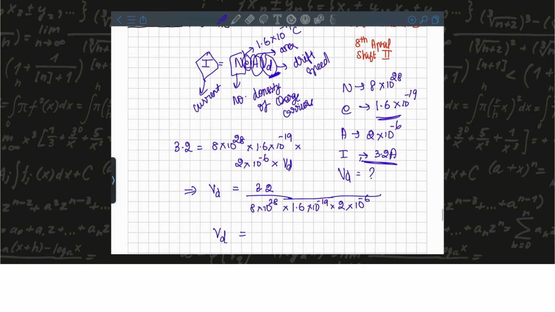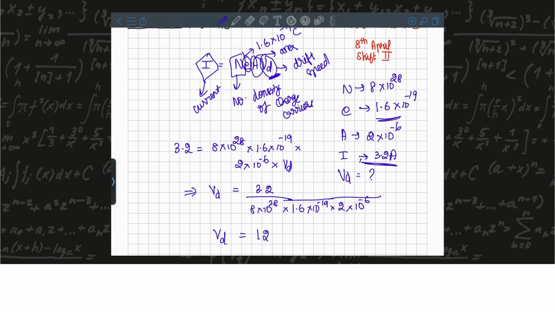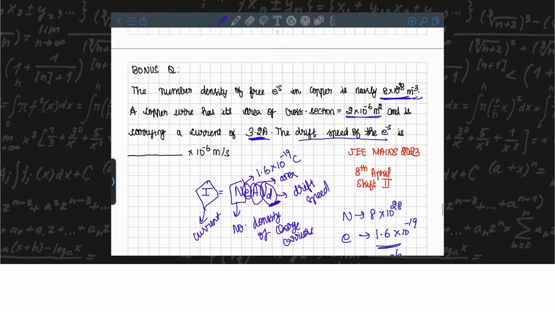Solving this, we get 125 into 10 to the power minus 6 meters per second. So this is the drift velocity, and the answer for this one is 125 into 10 to the power minus 6. They have given us 10 to the power minus 6 here already, so I really shouldn't have written it over here. So 125.